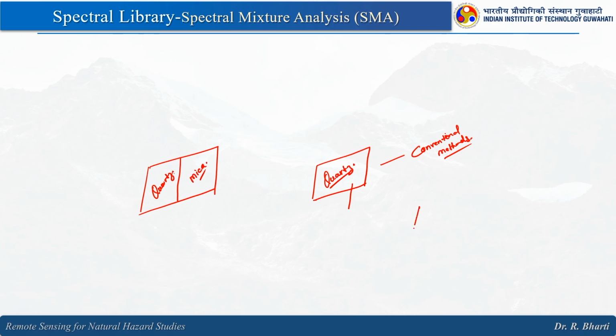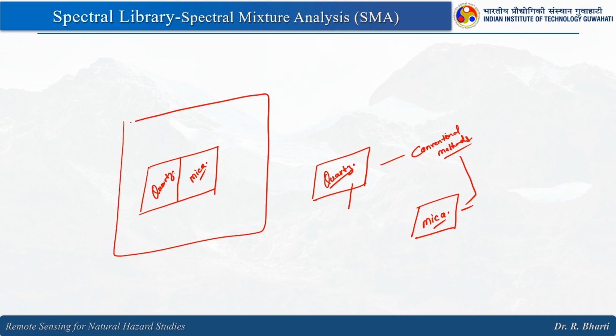So, now we have also identified mica through the conventional techniques, right. Now, we are very sure that this particular study area and this particular location has 50% quartz and 50% mica.